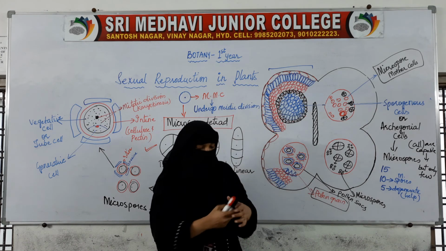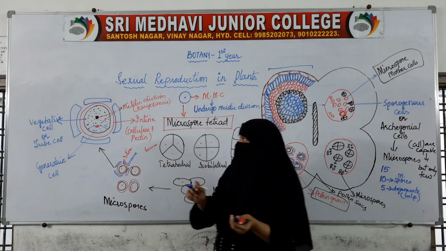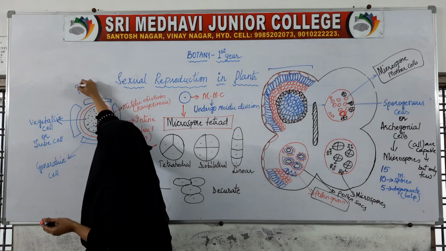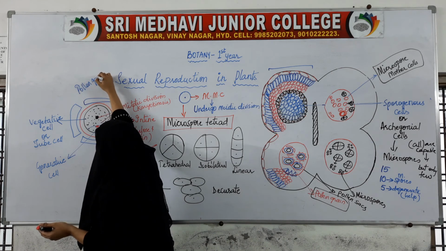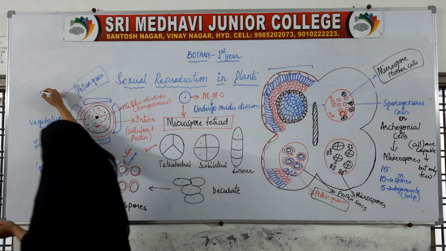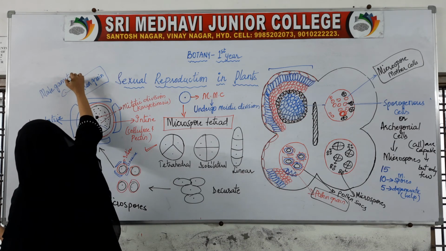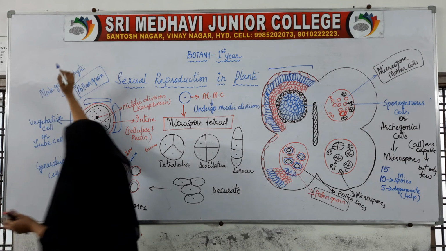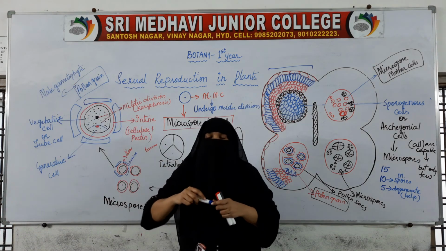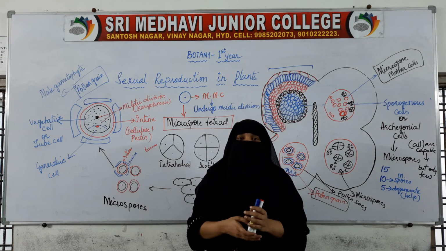This pollen grain is called the male gametophyte. Gametophyte is the structure which helps in the formation of gametes.